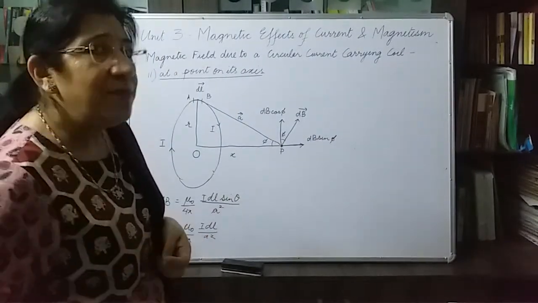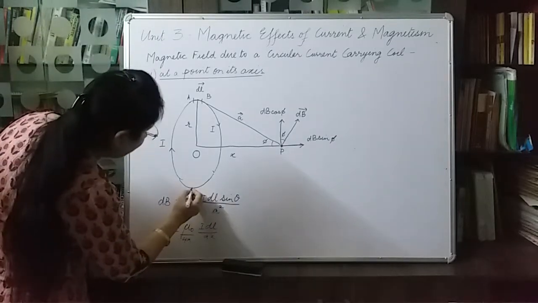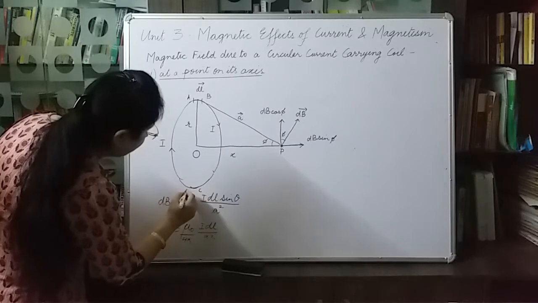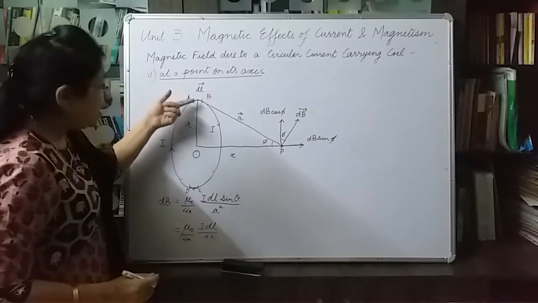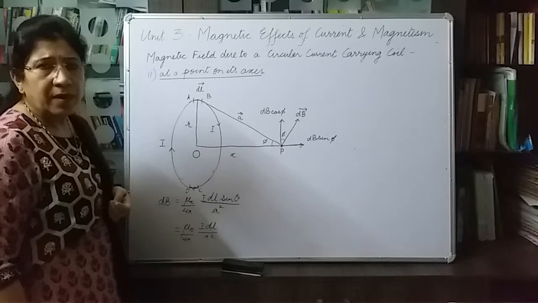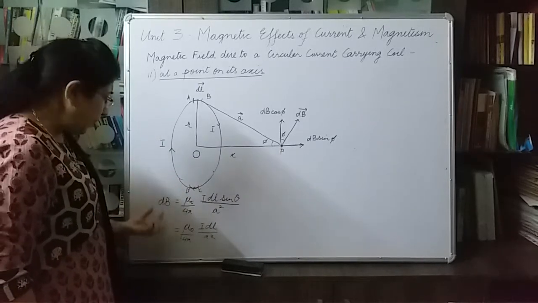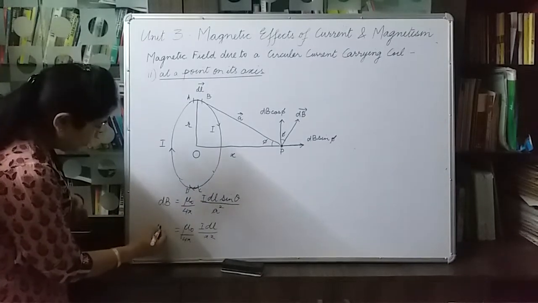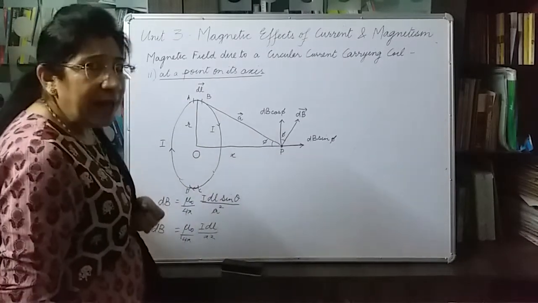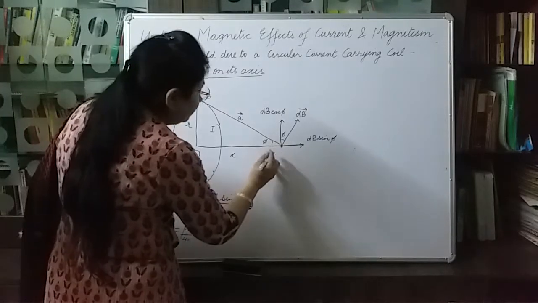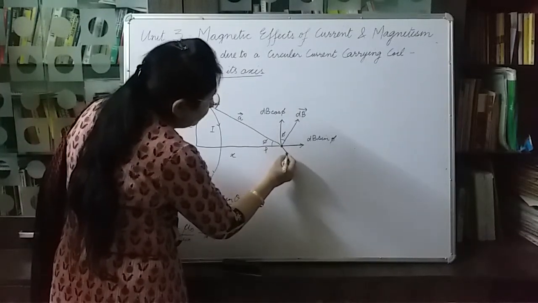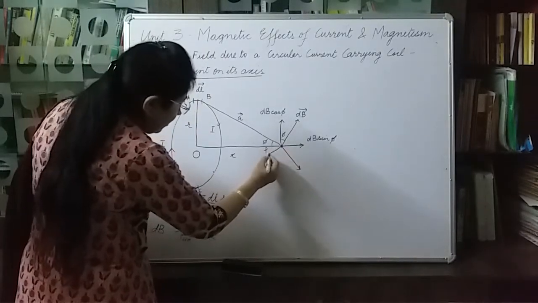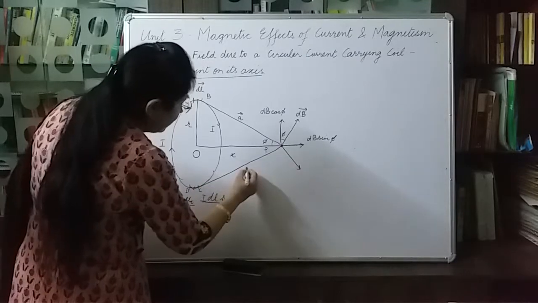We can at the same time consider another current element CD diametrically opposite to AB. The magnitude of dB due to this current element CD will be the same, but the direction at point P will now be in this direction because the position vector will be this.